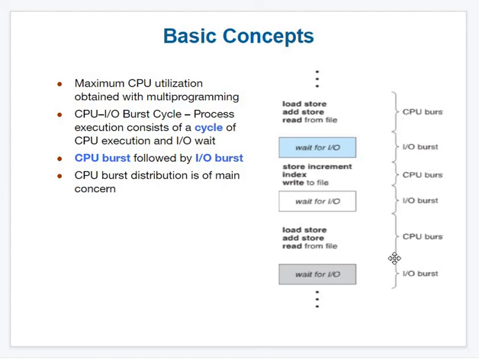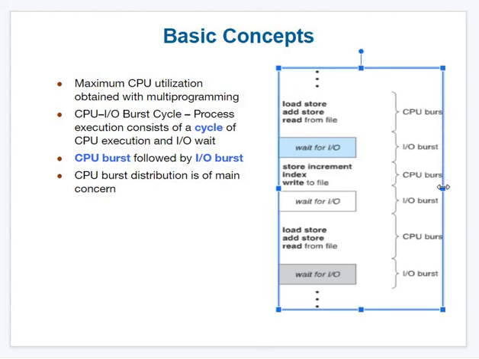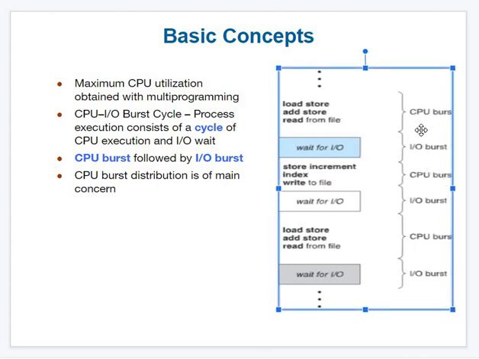The start of a flower bracket means that activity has started, and the end of the flower bracket means that activity has ended. Here there are keywords: load, store, add, store, read from the file. This corresponds to a CPU burst, BURST.